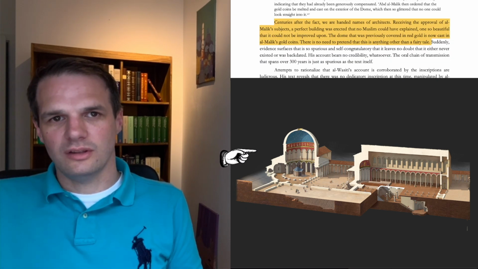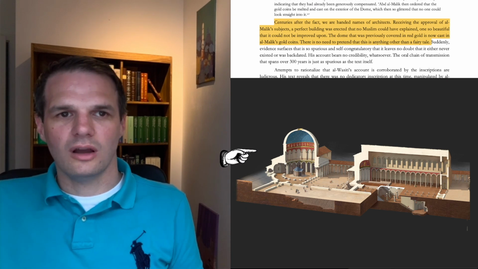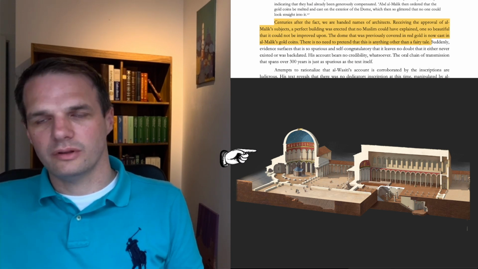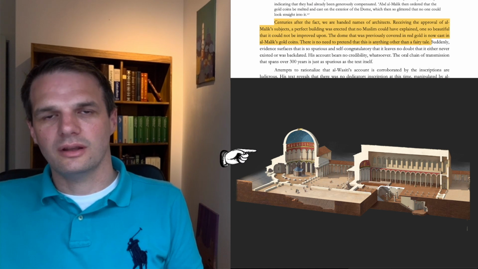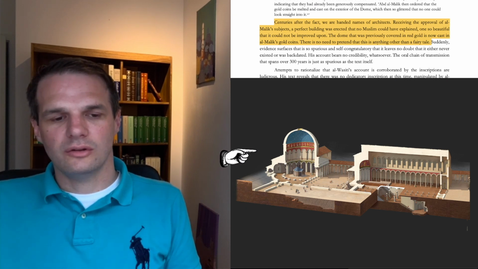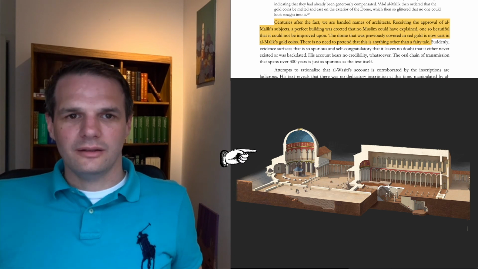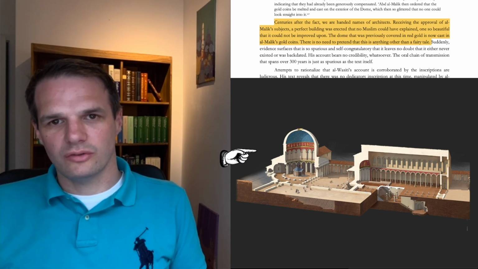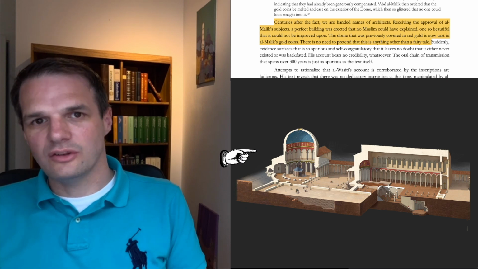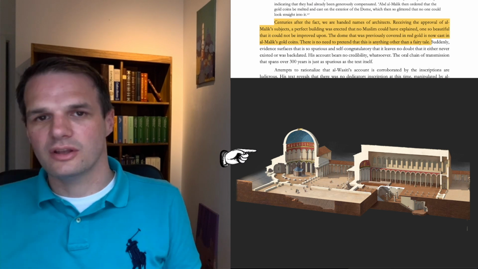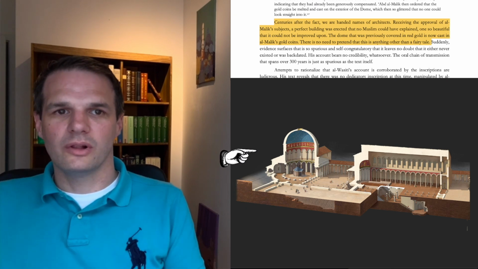At least when it comes to these details about who the architects were and what the process of building the Dome of the Rock looked like and so on. This sounds a lot like legend. But clearly it builds upon the previous stories where, I mean, we've had for centuries stories about al-Malik building the dome. I mean, AJ has quoted them. So this builds on top of them.